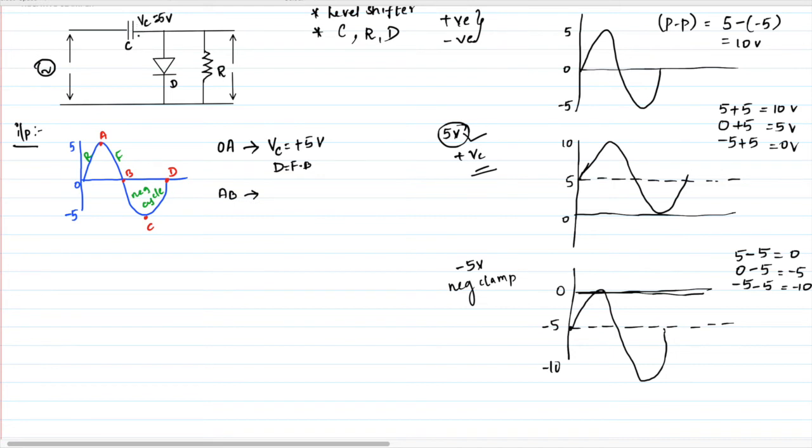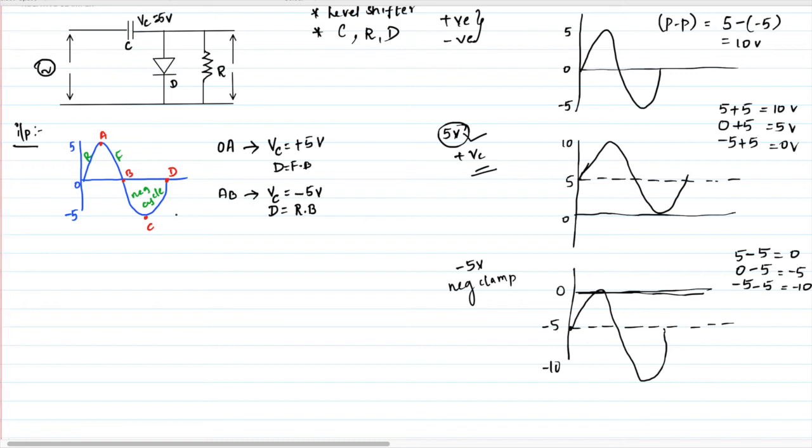When the capacitor starts discharging, the diode will turn off, that is, it will go into reverse bias condition. So for the A to B signal, VC will start discharging to maximum negative voltage, that is -5 volt, and the diode will become reverse biased because the anode's voltage will get reduced.